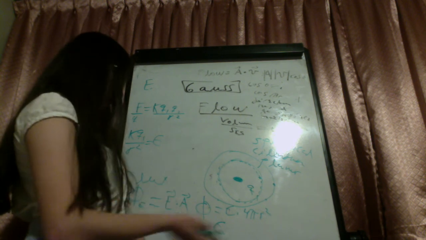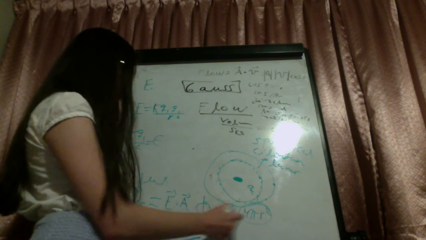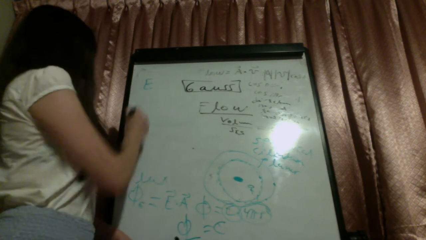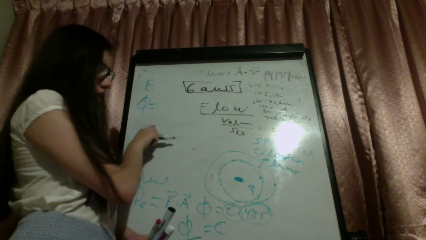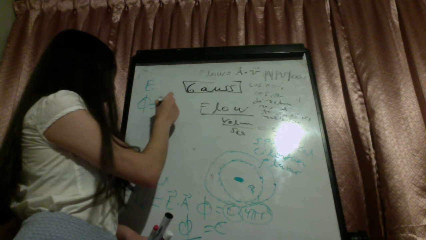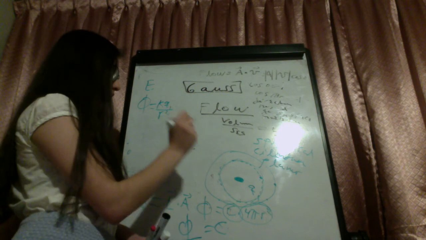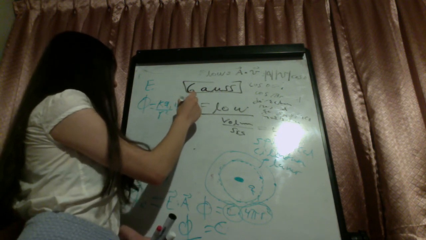So for a sphere, the flux would be the electric field, that is Coulomb's constant times Q1 divided by the radius squared, times the area, that is 4 pi r squared.